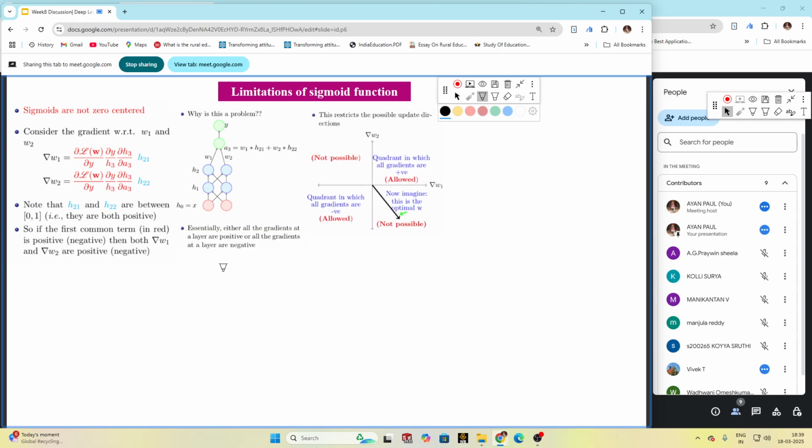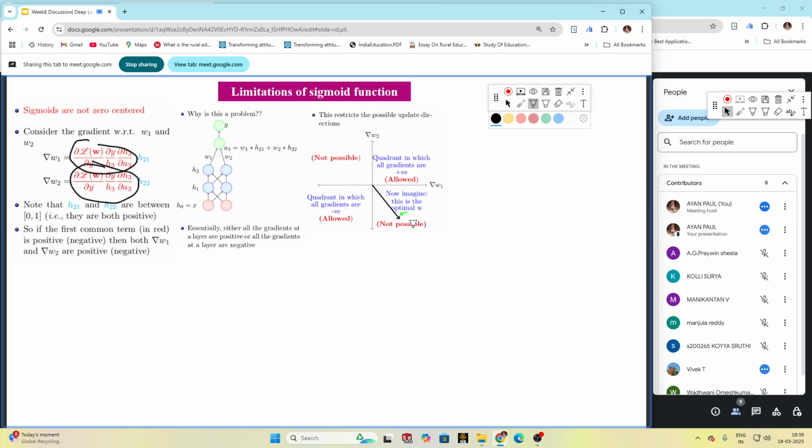Why is it a problem? Because the gradient will depend on the input, but the terms in red will be either all positive or all negative, as it is not zero centered. What does that mean? Like this is del w1 and this is del w2.